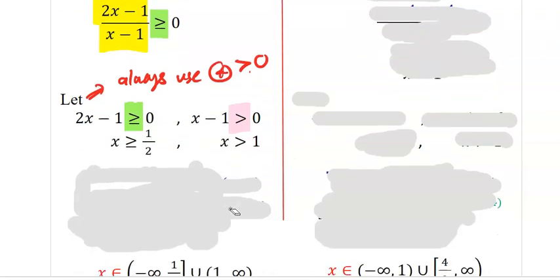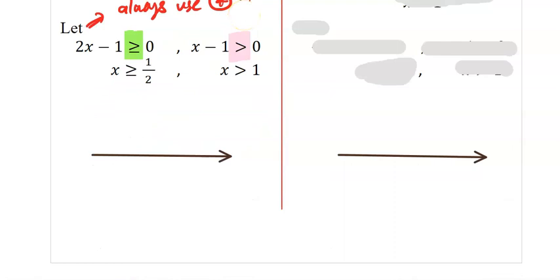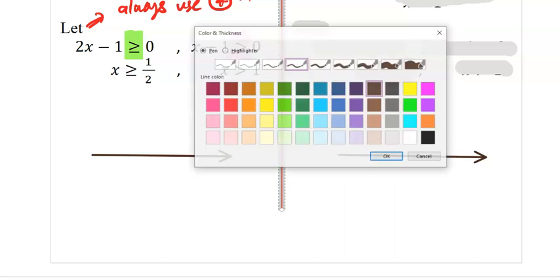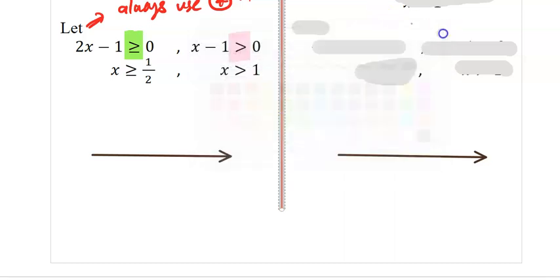The other one will be x greater than 1. Next, we will continue by drawing a number line according to the assumption that we have made. So based on the assumption, we have x greater equals to 1 over 2, and x greater than 1.